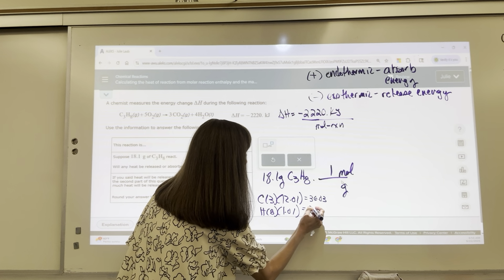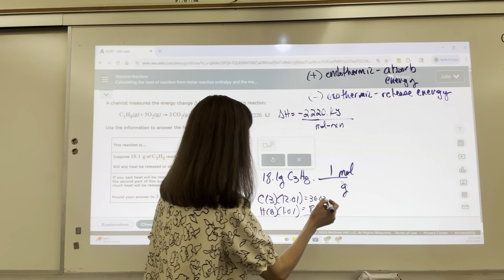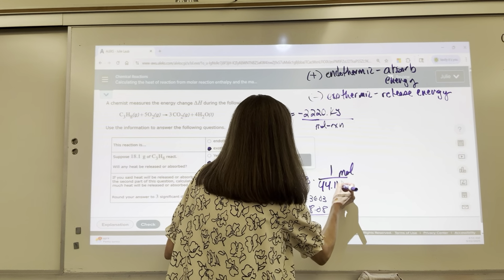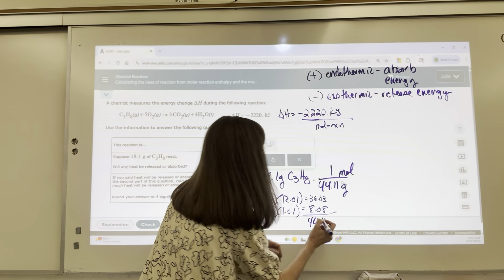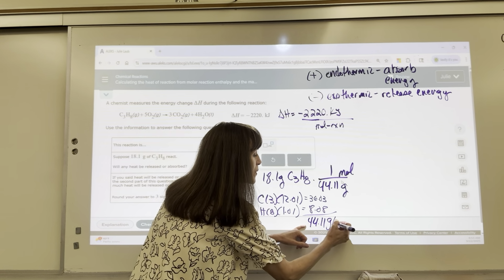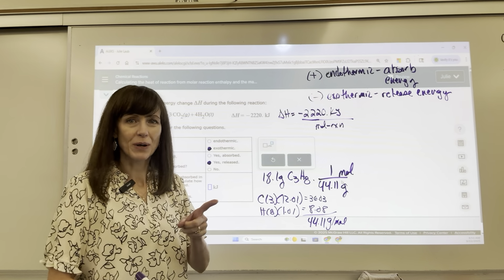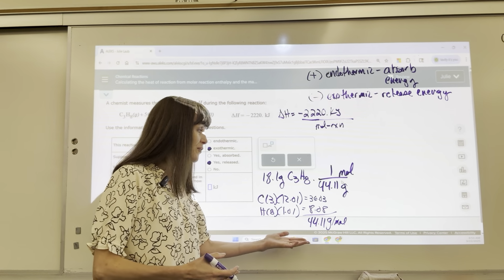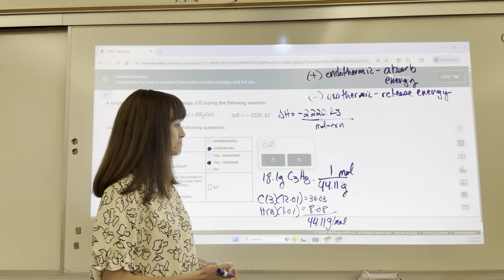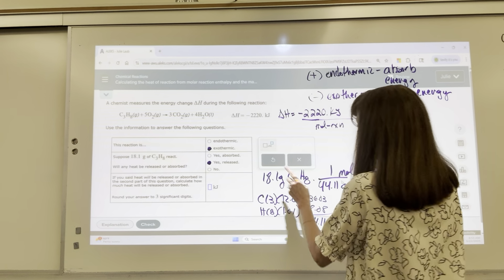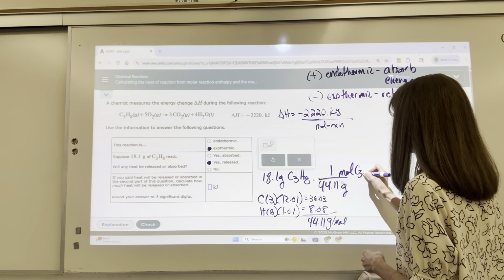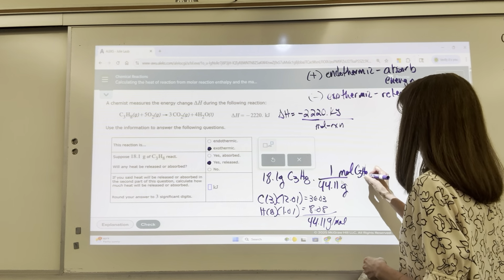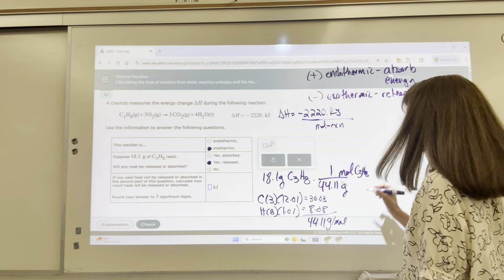That's 1.01, gives you 8.08, and that is going to give us 44.11 when you add that up. Remember, 44.11 grams per mole. When you have 1 mole of propane, it weighs 44.11 grams. Great. So we went from grams of our propane to moles of our propane.